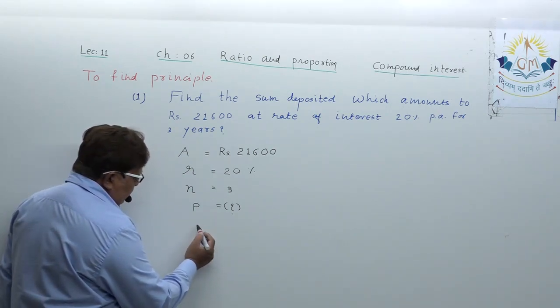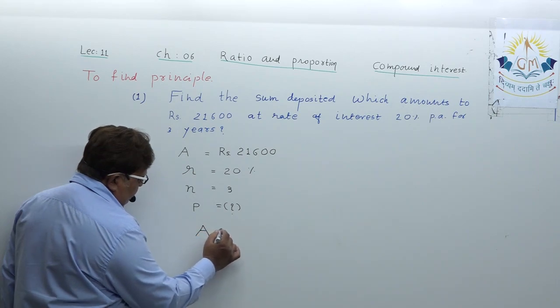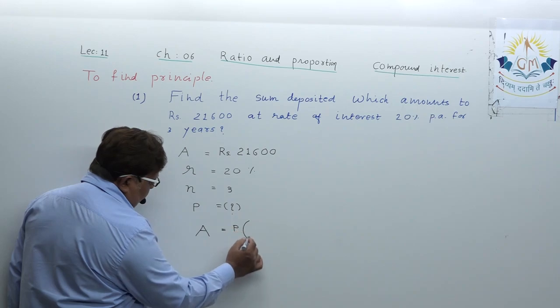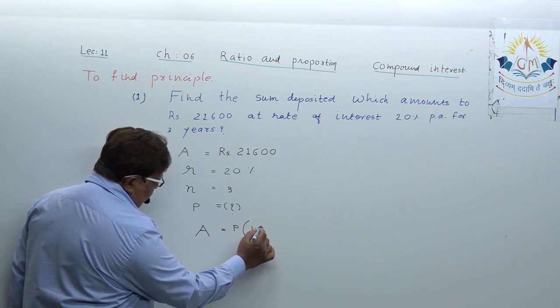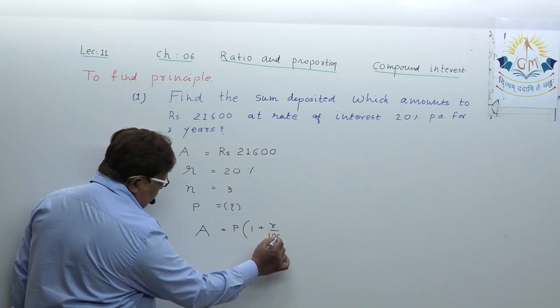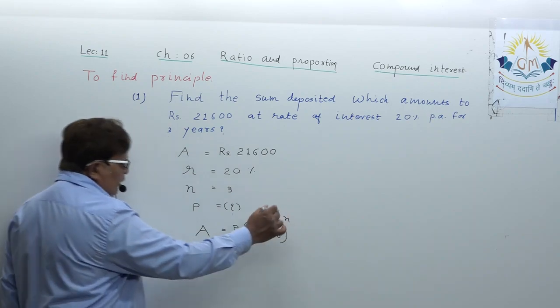Okay, after just presenting the data, let us try to calculate. The basic formula you all know: P into bracket 1 plus r upon 100 raised to n.